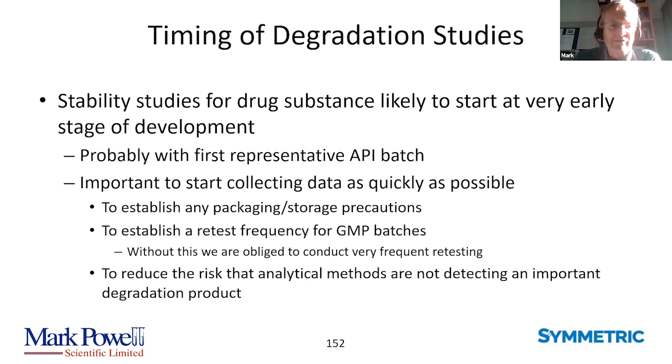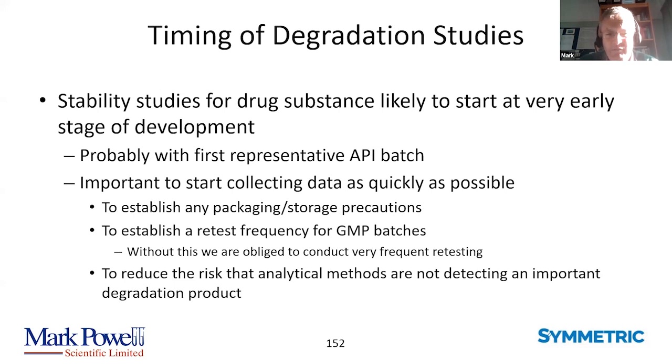And for me, the key thing on this slide is that final bullet point. What we're trying to do at this stage in the context of stability studies is to reduce the risk that our test methods are not detecting an important degradation product. And by the way, just because you're using a compendial method does not necessarily get you out of the woods on this one, because we don't know what particular formulation that compendial method was developed against.